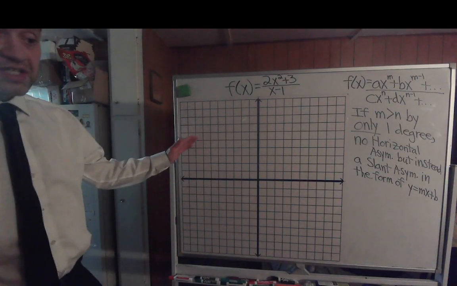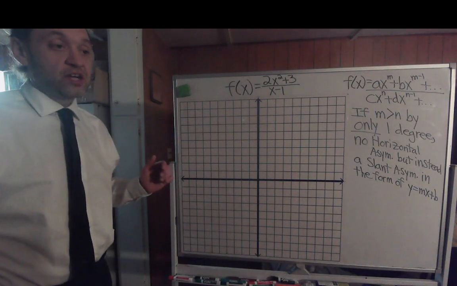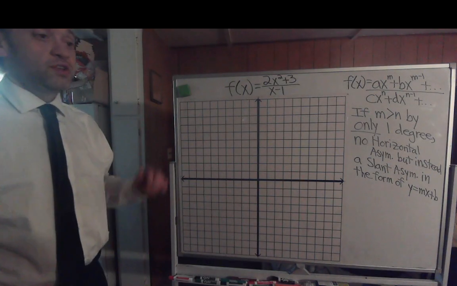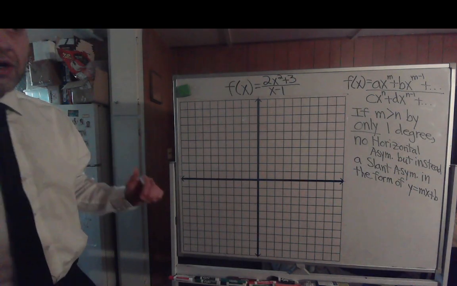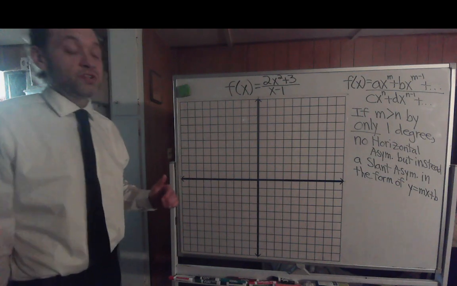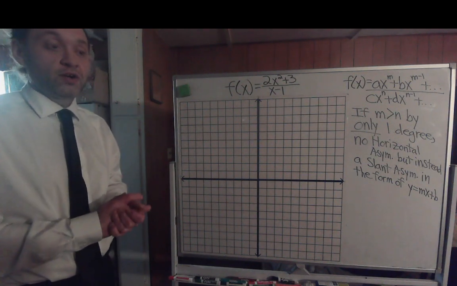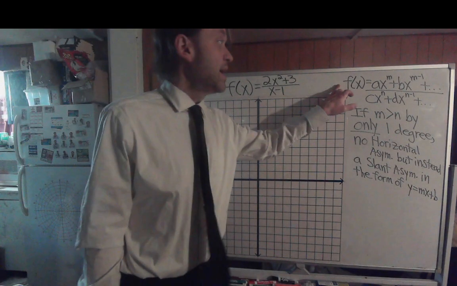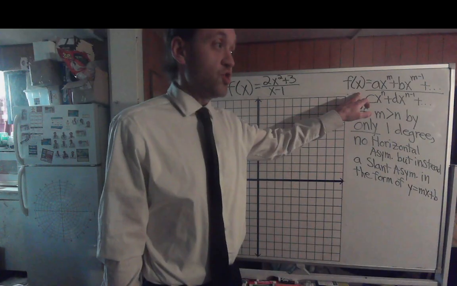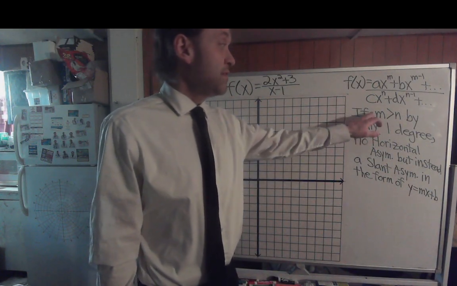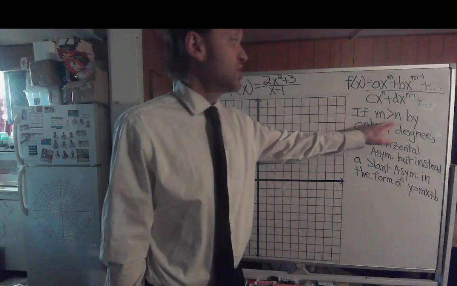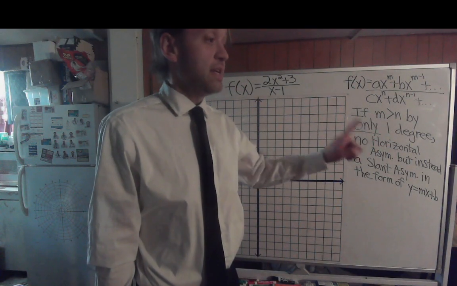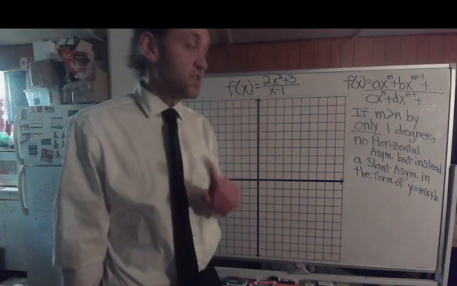Now in this lesson we're going to talk about graphing rational functions when the degree of the numerator is greater than the degree of the denominator. So this one is actually probably the most interesting case. Here again to the right I have the general form of a rational function. If the degree of the numerator is greater than the degree of the denominator, there's a couple parts to this.